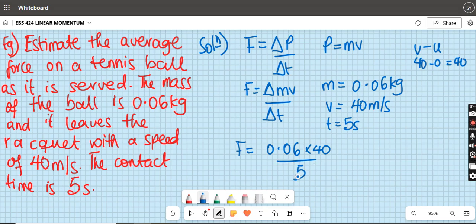Calculating, our force is going to be 0.48 Newton.